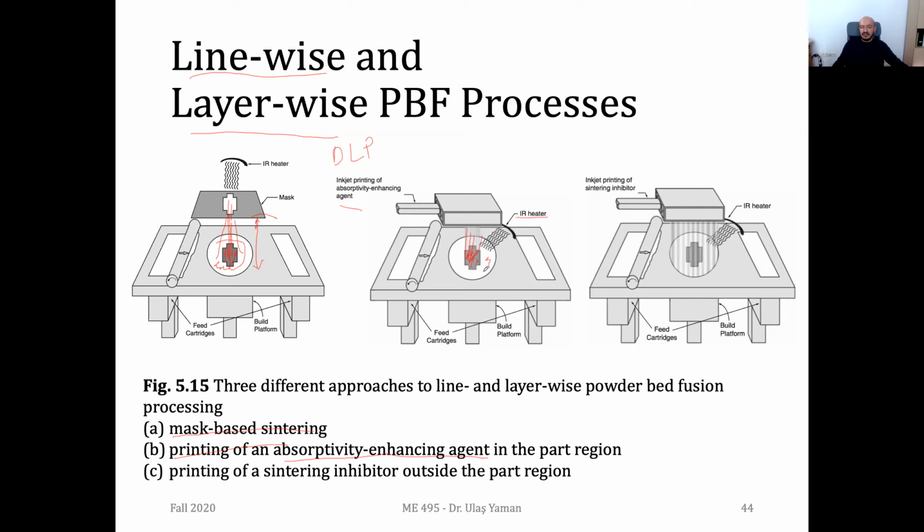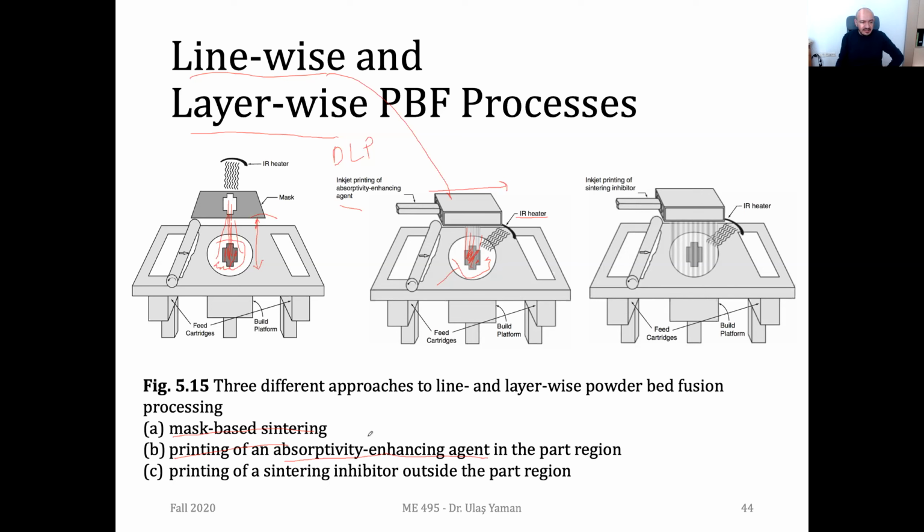The other regions will not be sintered since they don't have such an agent inside. So this is maybe a line-wise approach. With your inkjet, you may move from left to right and spread this special agent, and with the help of this heater, this cross section will be sintered and the rest will not.